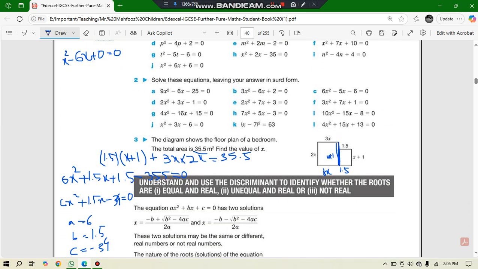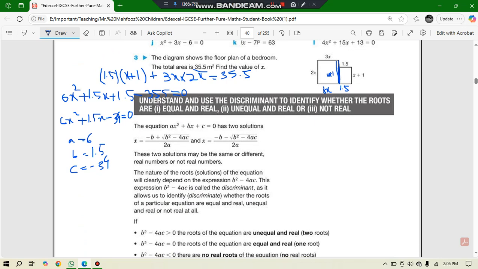Okay, the next topic is to understand and use the discriminant to identify whether the roots are equal and real, unequal and real, or not real. So we can predict the roots of a quadratic equation, without finding the roots, by a simple discriminant method.